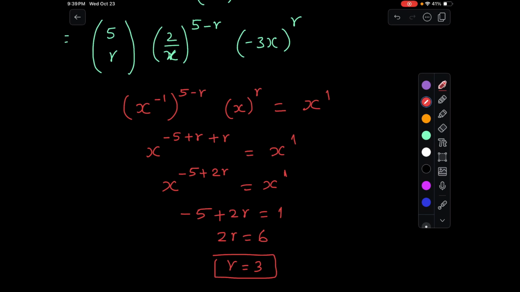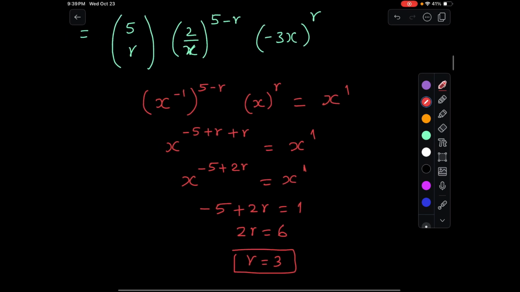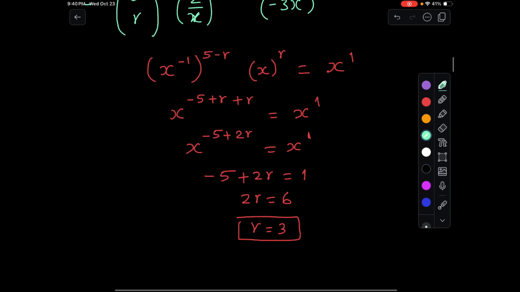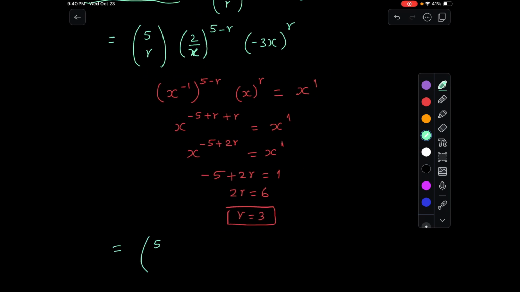Once you have calculated the value of r, go back at this step and substitute r as 3. So that gives me 5C3 (2 over x) to the power of 2 times (minus 3x) to the power of 3.